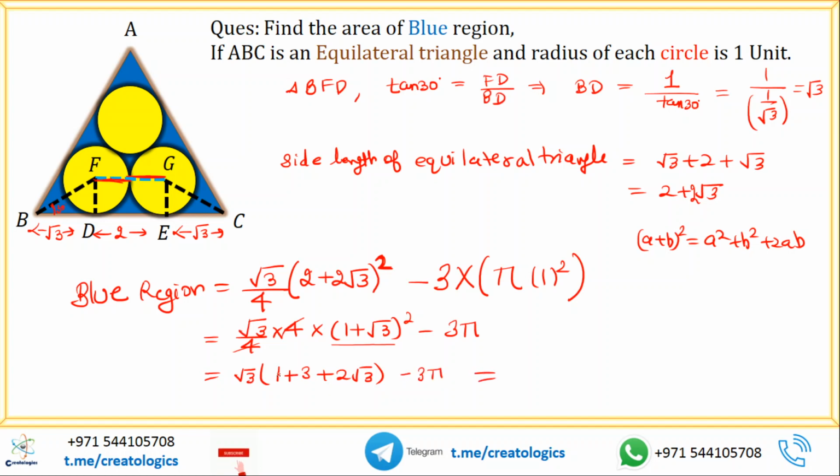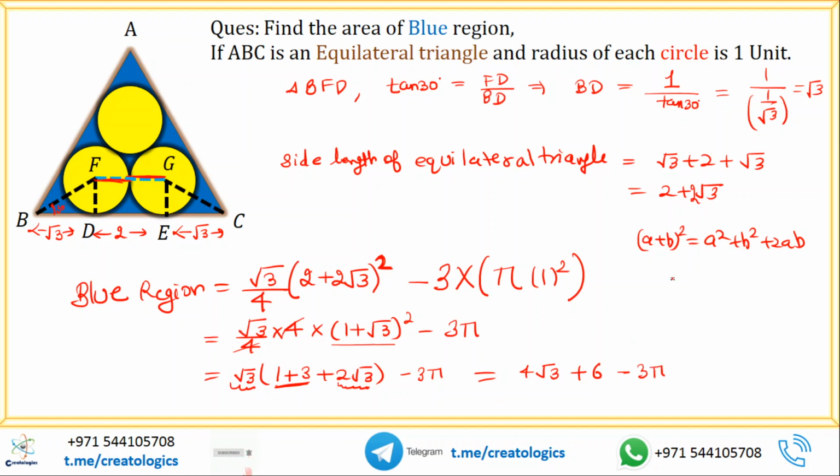Now 3 plus 1 gives 4. So I am getting 4 root 3 plus, here you have 2 root 3, distribute this root 3, right? So root 3 times 2 root 3 will give us 2 times 3, which is 6. So I can say plus 6 minus 3 pi, right?